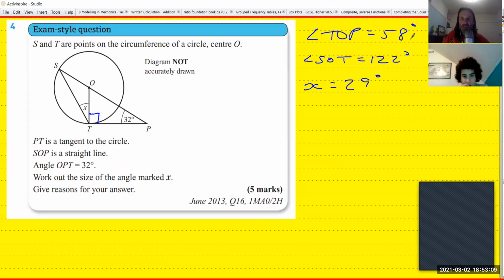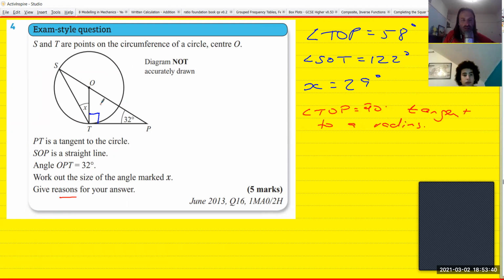So you have to give a reason for each stage. It's usually whenever you create a new number. So where did the 90 degrees come from? Tangent to a radius, and a tangent meets a radius at 90 degrees.